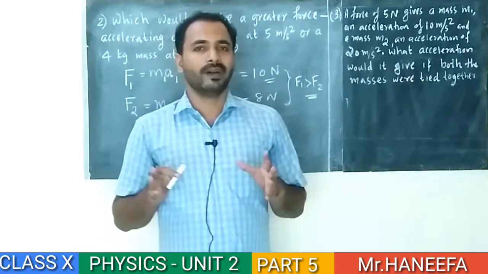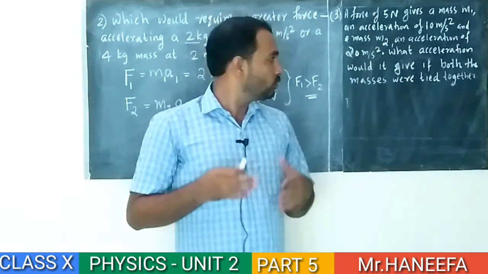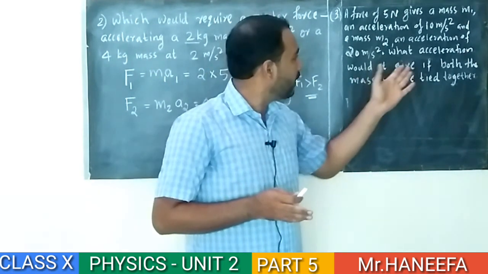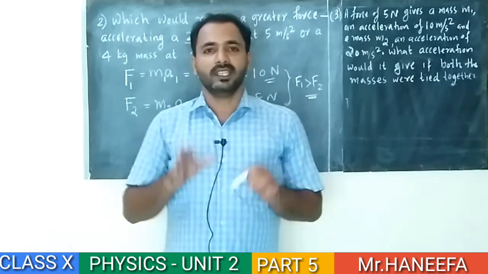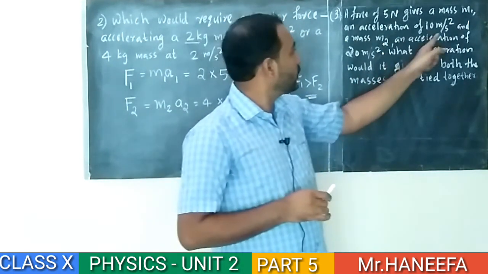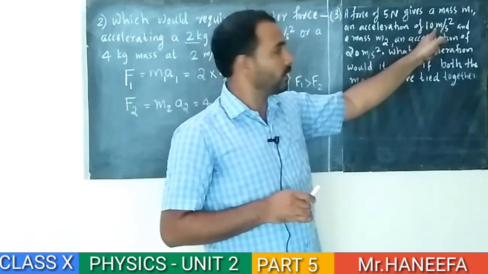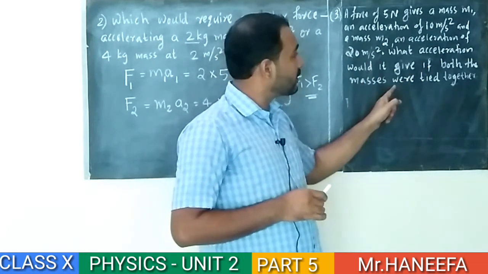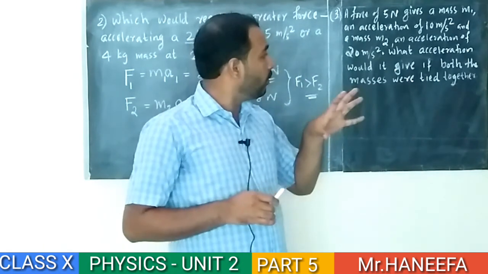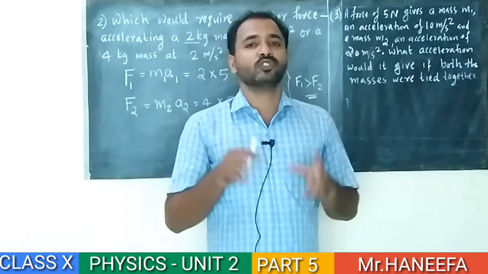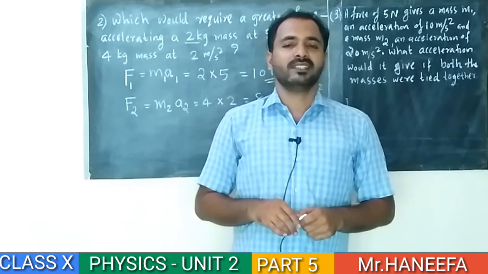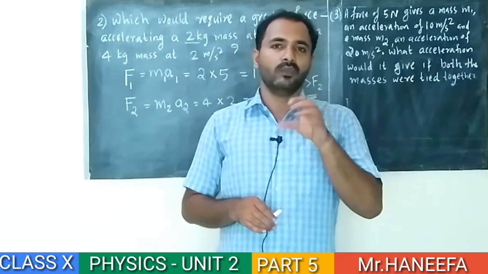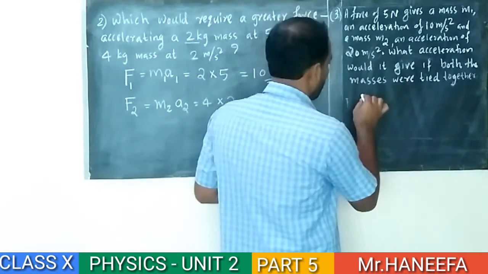In the first case the acceleration is 10 meter per second square. Second case the acceleration is 20. In the third case both the masses are tied together. What is the acceleration?